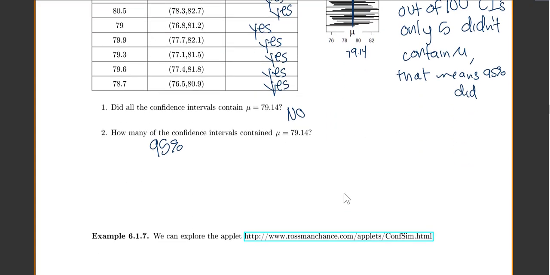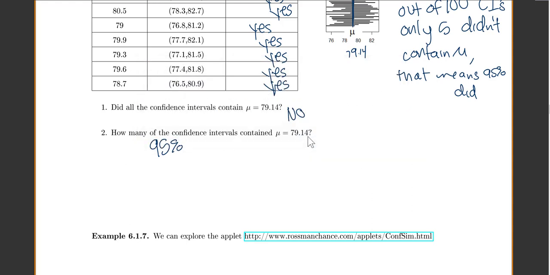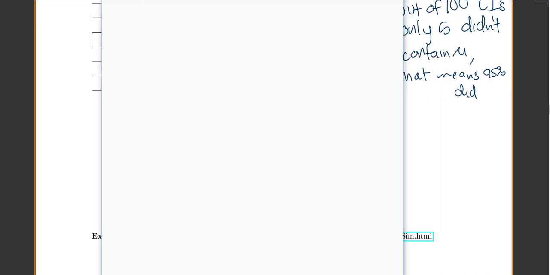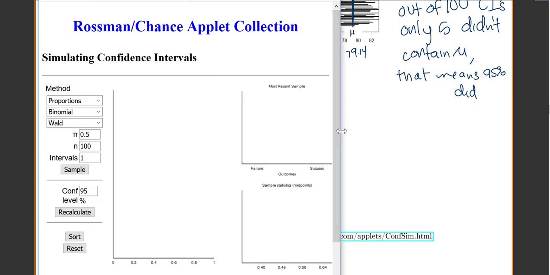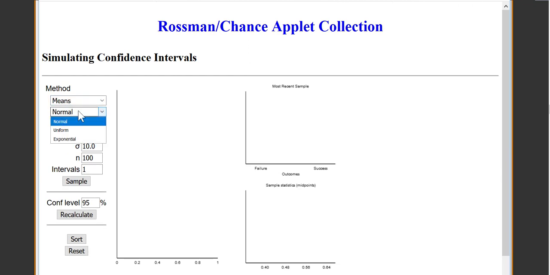Now there's another applet here that we can go and explore just to reinforce this idea. There's different things here. We're dealing with means, so we'll pick means. And it's a Z confidence interval. We haven't talked about the others yet, but that's what it is.